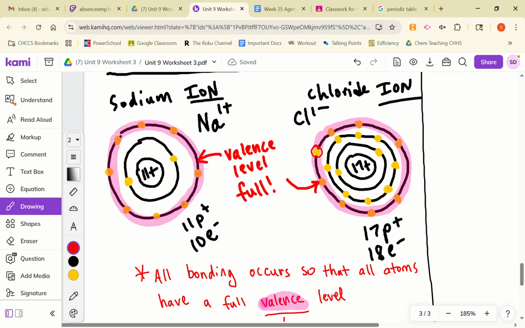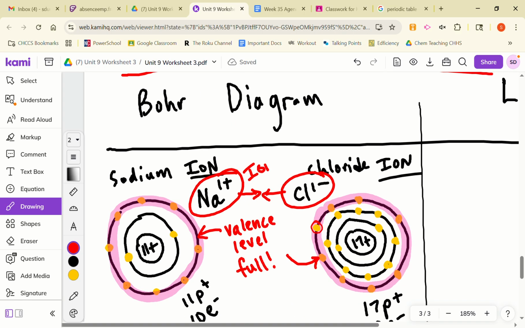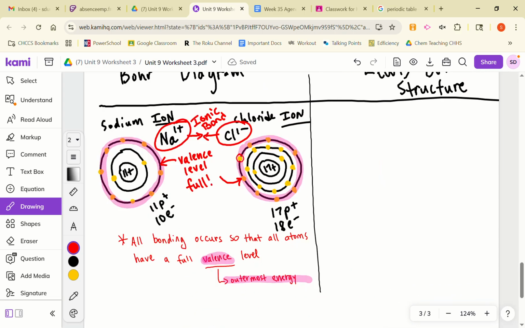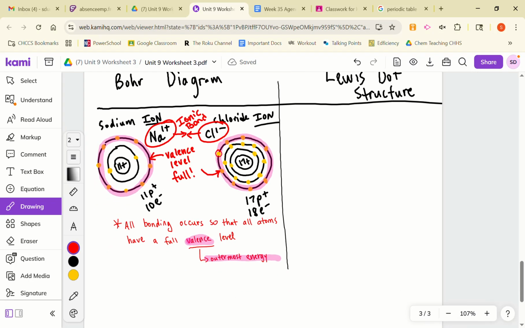So that was the goal of bonding, to get both of these with a full outermost energy level. Once they become one positive and one negative, they attract, and that's where the ionic bond is created. So that's for our Bohr diagram.